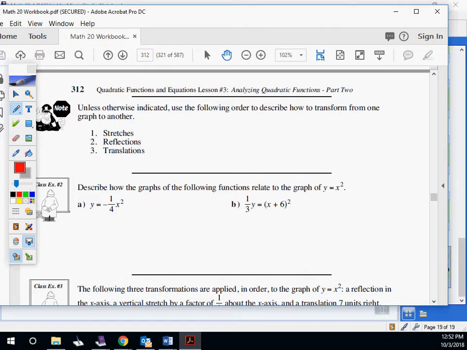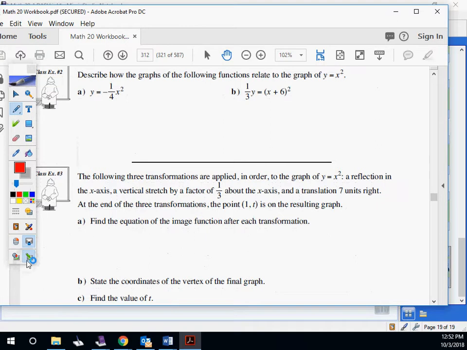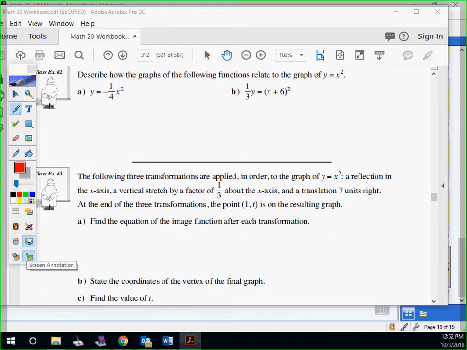Okay, stretches, reflections. All right, so a couple examples, and we're done here. This last page. Okay, so describe how the graphs of the following functions relate to the graph of y equals x squared. Okay, so first thing is this one's ready. So this one, is there any left or right movement for A?